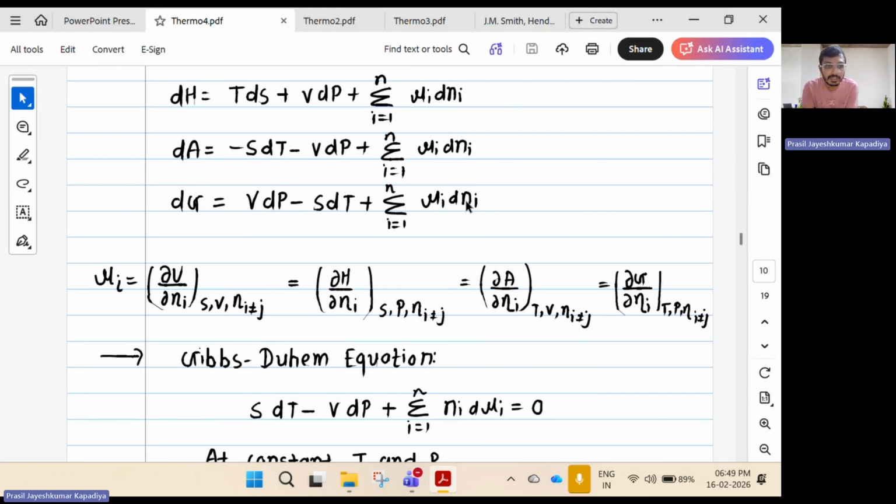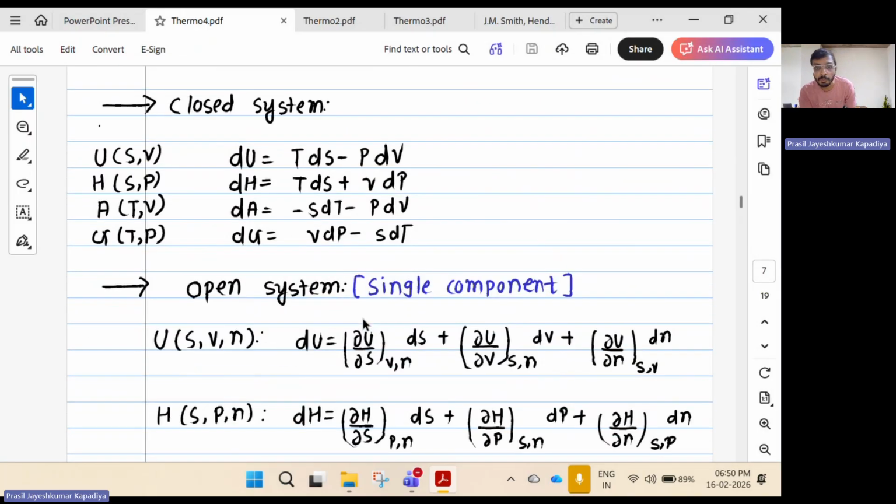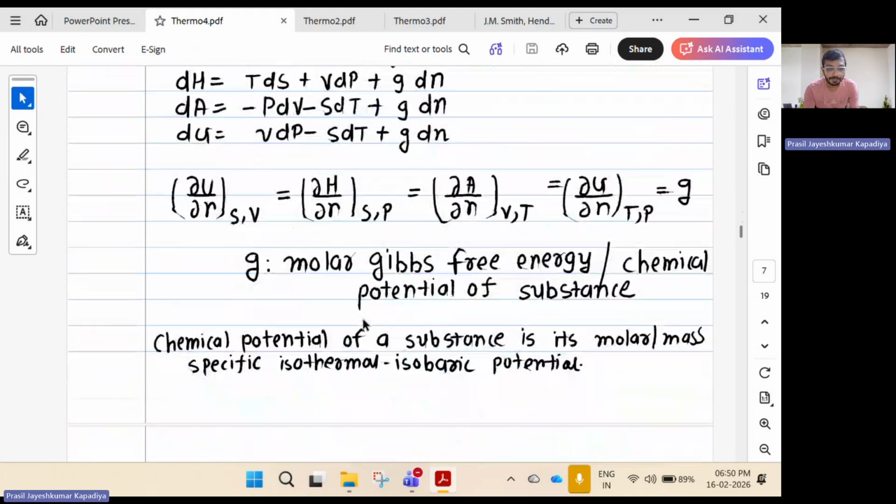So first, what did we see? First, we wrote it down for a closed system, just as a function of entropy, pressure, temperature, volume. So the equations were very simple: only TdS minus PdV, TdS plus VdP, minus SdT minus PdV, VdP minus SdT. When I went from a closed system to a single component open system, what did I have to do?